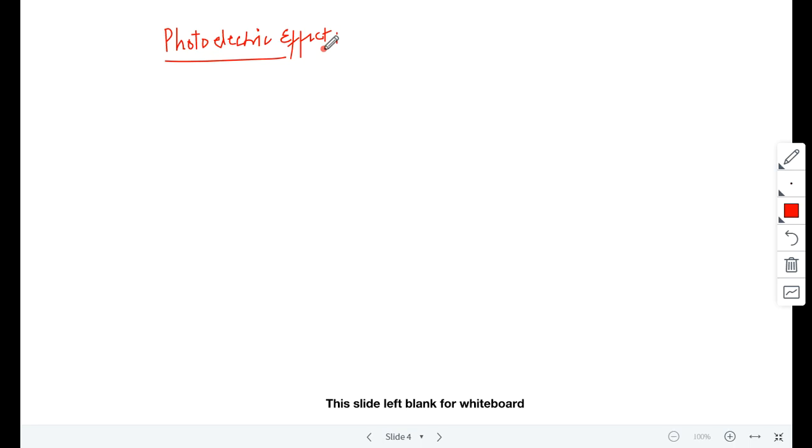When it is directed at the zinc sheet, the electroscope discharges immediately. It's an electroscope that contains the gold leaf.